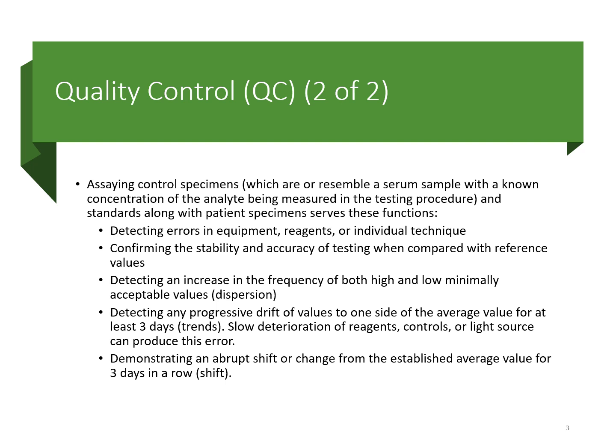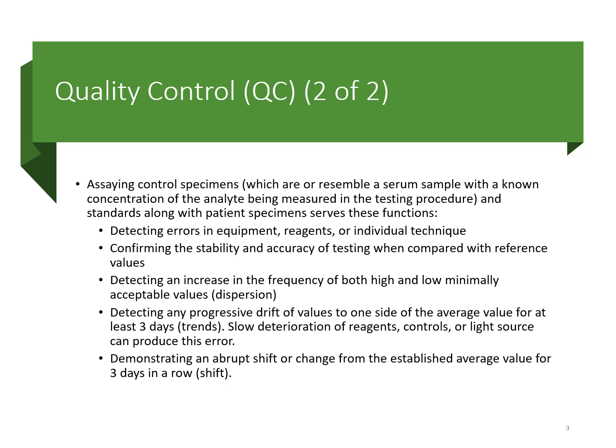So your quality control is going to help evaluate several steps within that analytical process. It helps to confirm the stability and accuracy of a particular testing method when you compare it to the reference values. So making sure that that QC material falls within the limits that are established for that QC material when you run it on your analyzer.